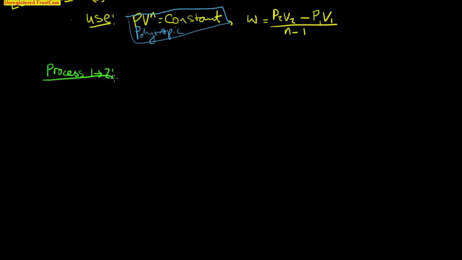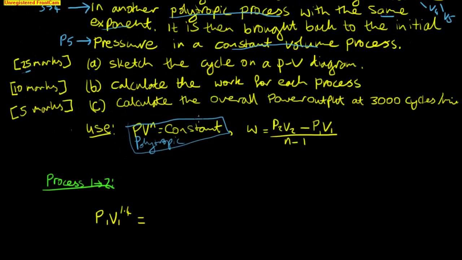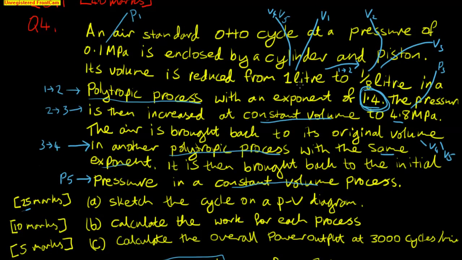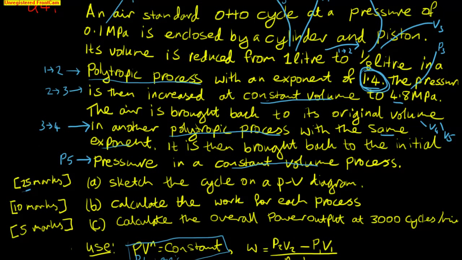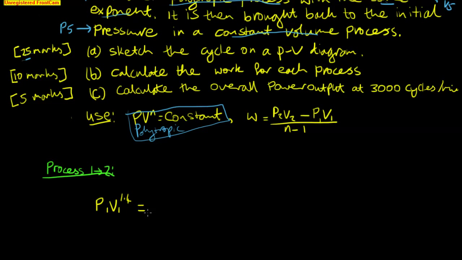So process 1 to 2. We know PV^n is equal to C, and hence P1V1 to the polytropic constant, which is 1.4, is equal to C. We know the pressure is 0.1 megapascals, which is 0.1 by 10 to the 6 newtons per meter squared, or Pascal.